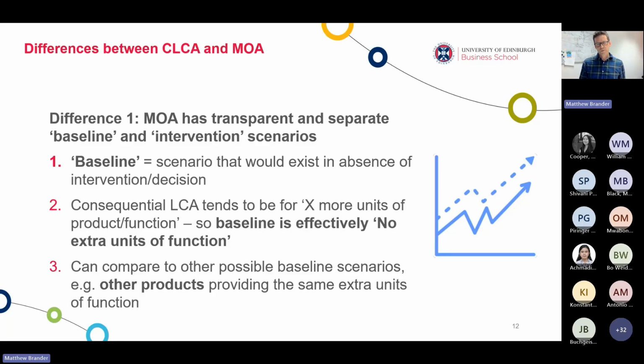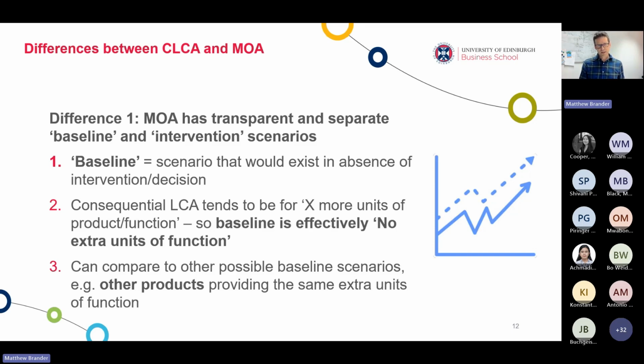And the first difference that I'll talk about is the way in which mitigation outcome assessment has a very clear, transparent and separate baseline and intervention scenario structure.